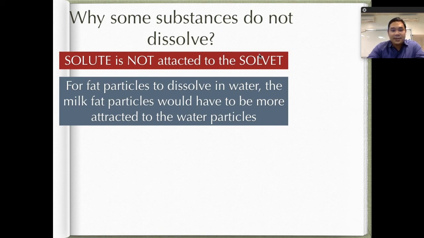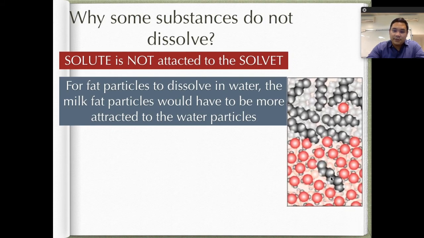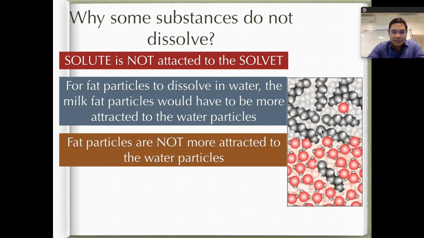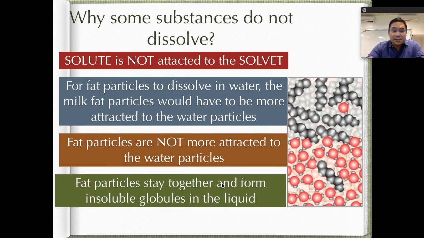The answer is no. Let's say this one, the red one, is the water molecule, and the black one is the fat molecule, or the milk fat particles. The fat particles are not attracted to the water particles. So what happened here is fat particles stay together and form insoluble globules in the liquid.